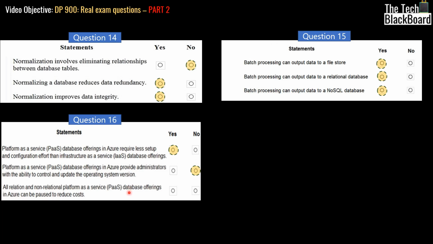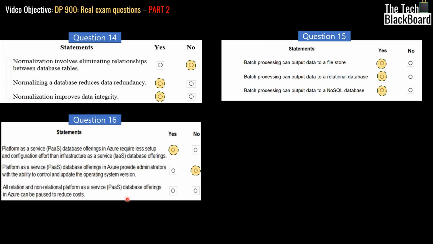Moving on: all relational and non-relational platform as a service database offerings in Azure can be paused to reduce cost. To understand this, I will give you the context of IaaS. Normally in infrastructure as a service, where you build a virtual machine, you can go ahead and pause or stop the virtual machine, and that reduces your cost, because the moment you pause or stop the virtual machine, you're not incurring any cost.